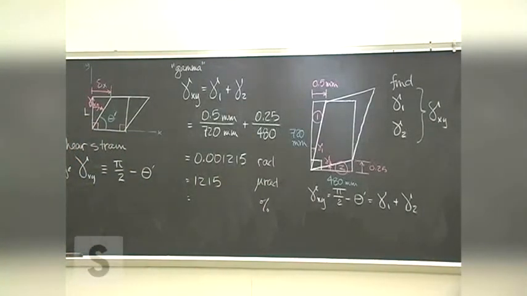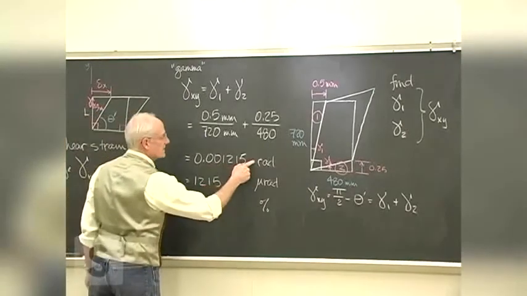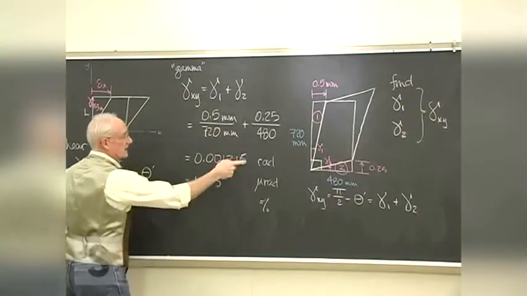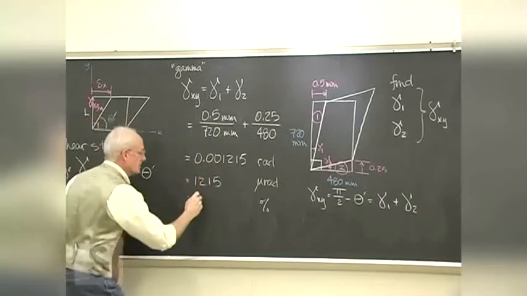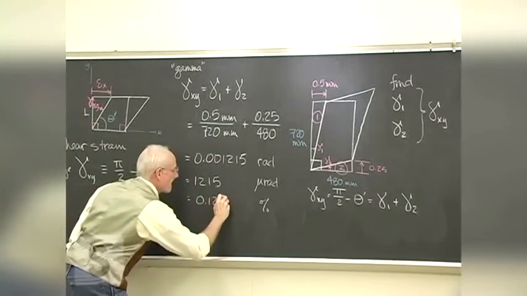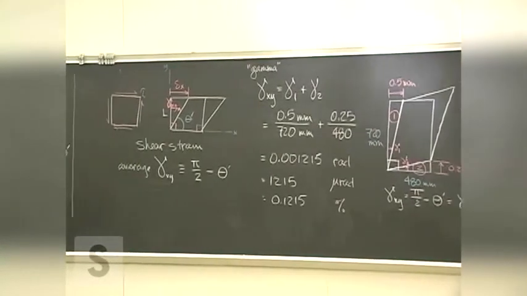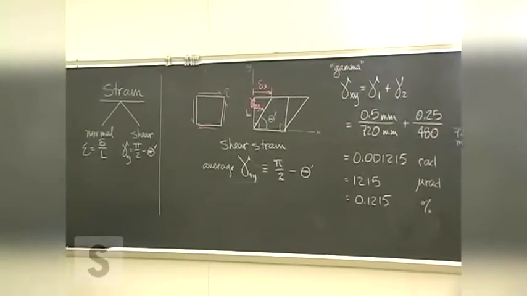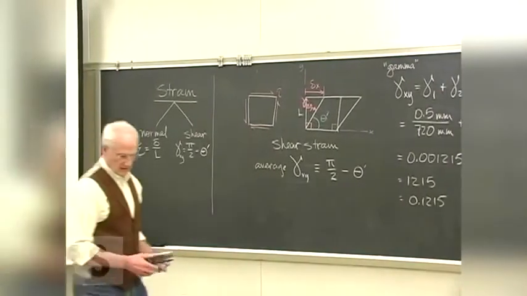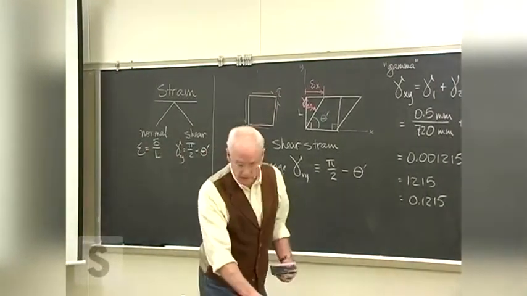How much percent is that? This one's millimeters per meter already, just move it over 2. So it's just over 0.1% deflection. So again, very small numbers, but numbers that may be enough of concern that they can't be ignored. Depends again on the situation.